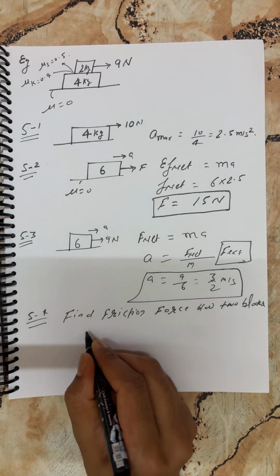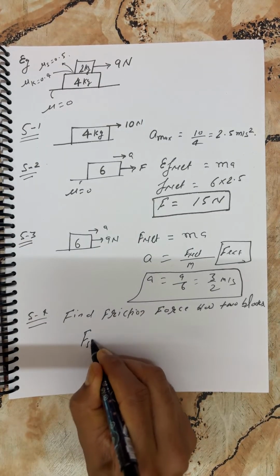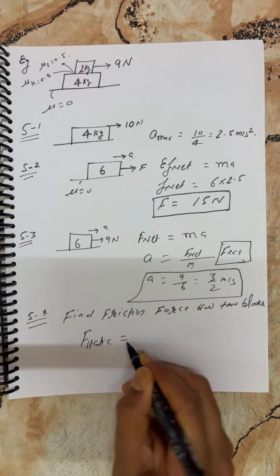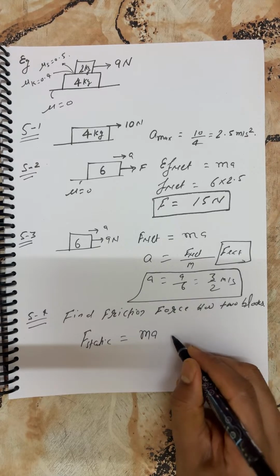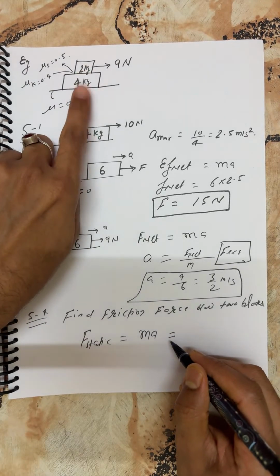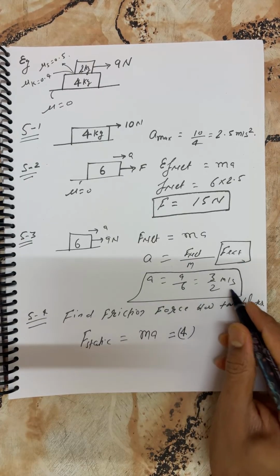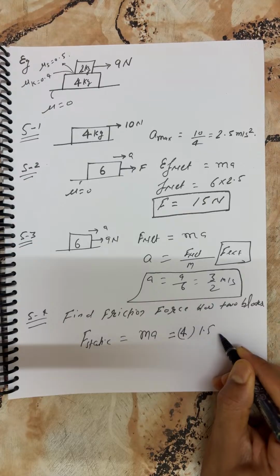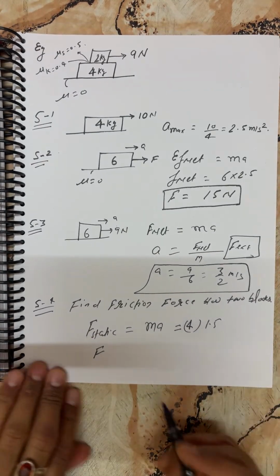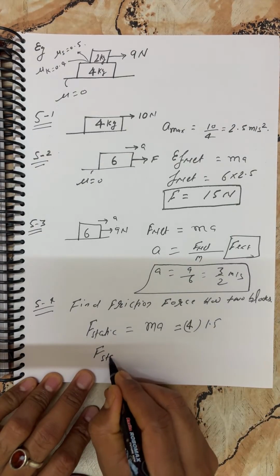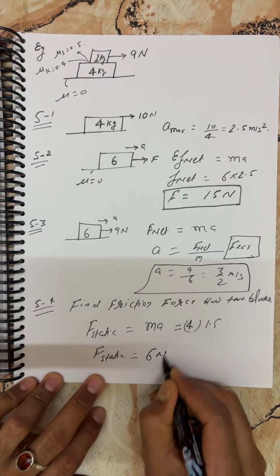There is only static friction here. So you can write the static friction is equal to M into A. And what is the mass here? Because we are finding it for the 4 kilogram block, and the acceleration is equal to 1.5. So the static friction is equal to 6 Newton.